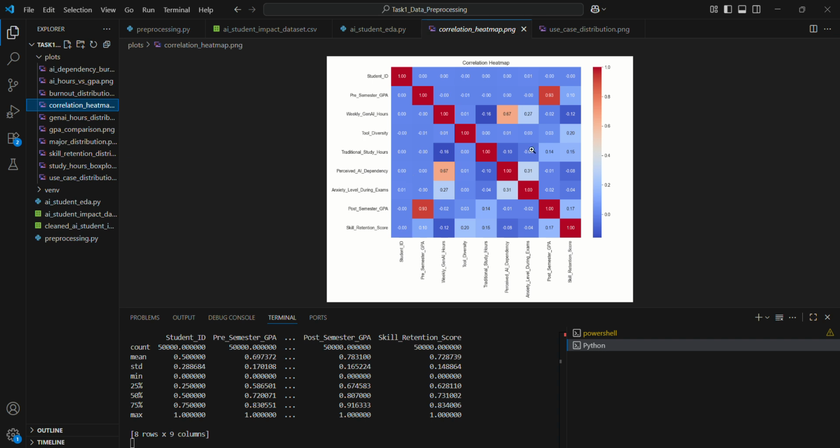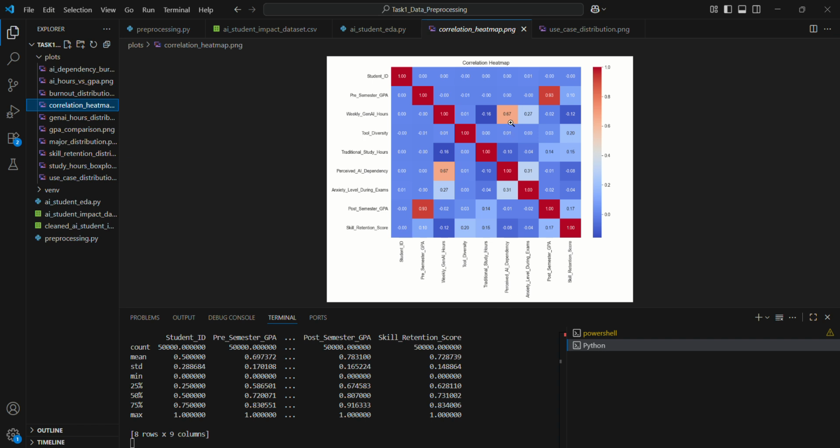But if the value is positive, for instance here where we can see 0.67, it indicates that if weekly Gen AI hours are high, perceived AI dependency is also high.